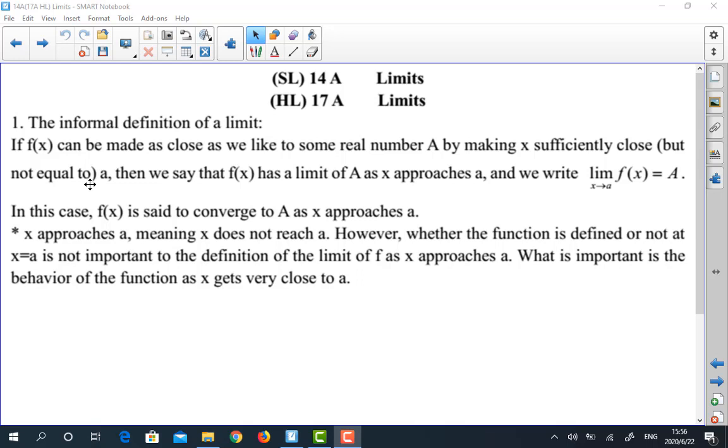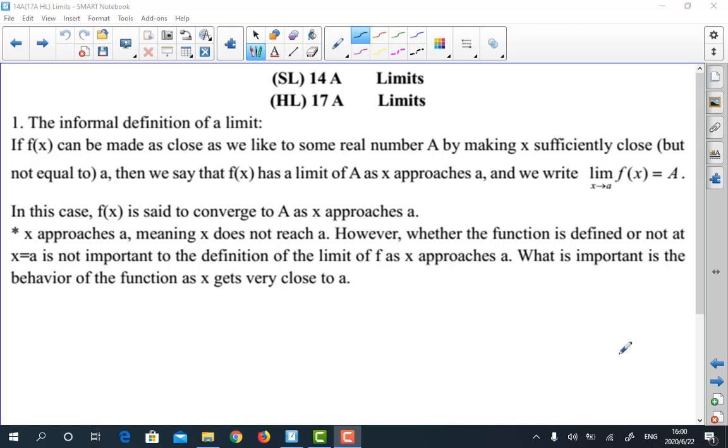When x is getting closer infinitely, but not equal to a value a, then we look at how the y value approaches and which value y can approach. So we say that f of x has a limit of A. When x approaches a, the y value is approaching the capital letter A.